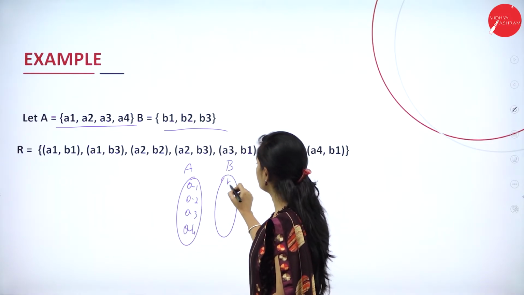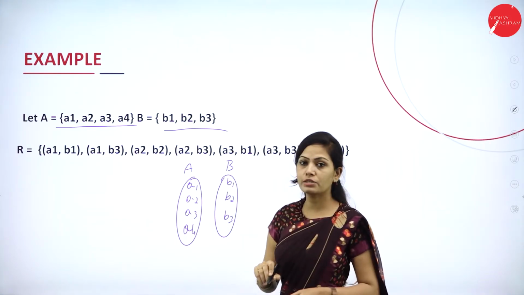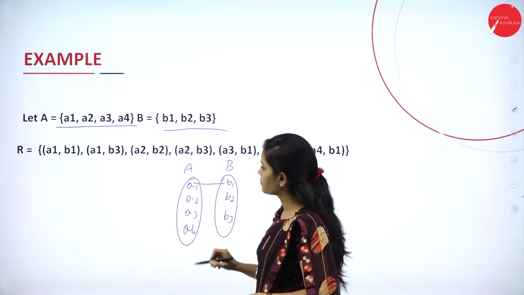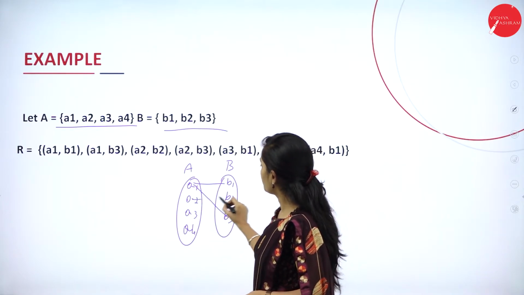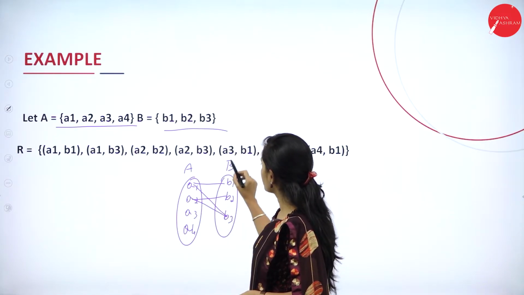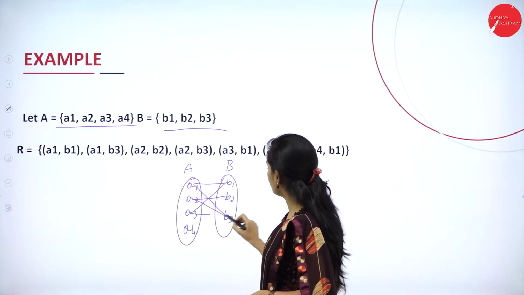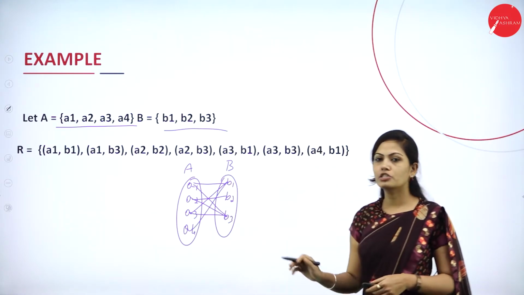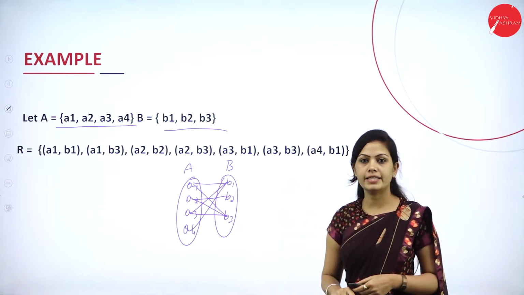In set B, elements B1, B2, B3. So this is your arrow diagram for this given relation.